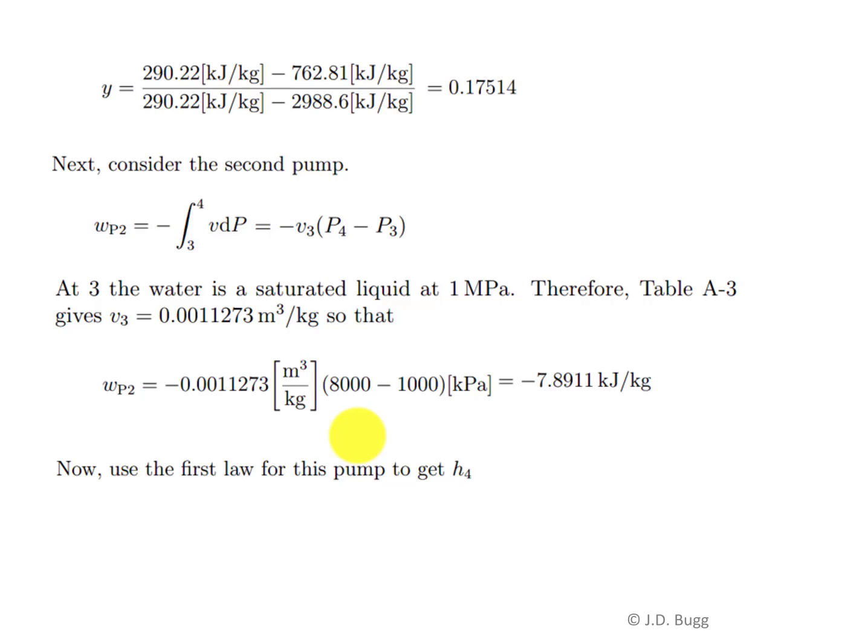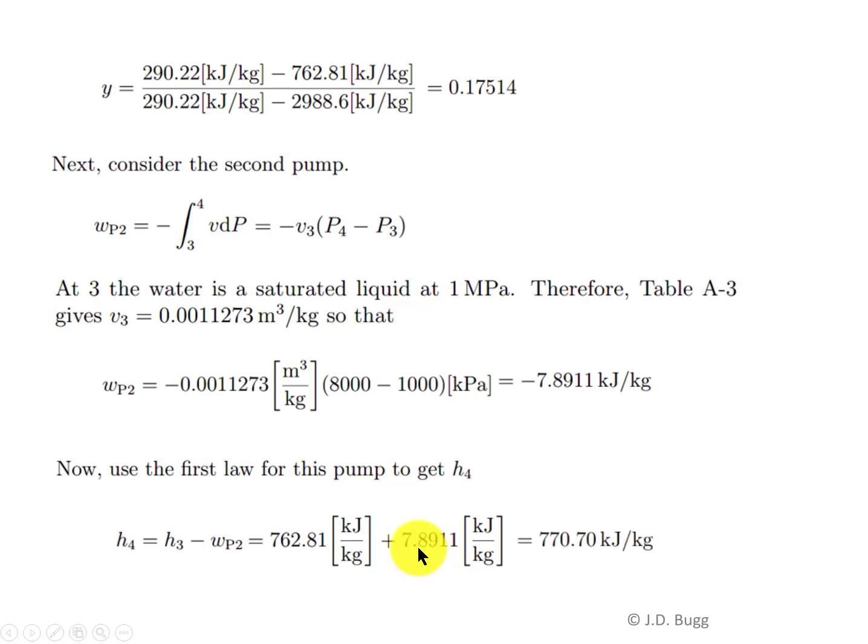Before we leave pump 2, we also need to use the first law for that second pump to get the enthalpy at its exit. So h4 is equal to h3 minus the work of pump 2. h3 we looked up when we were working with the feedwater heater, and the pump work we just calculated. So the enthalpy at the exit of the second pump is 770.7 kilojoules per kilogram.